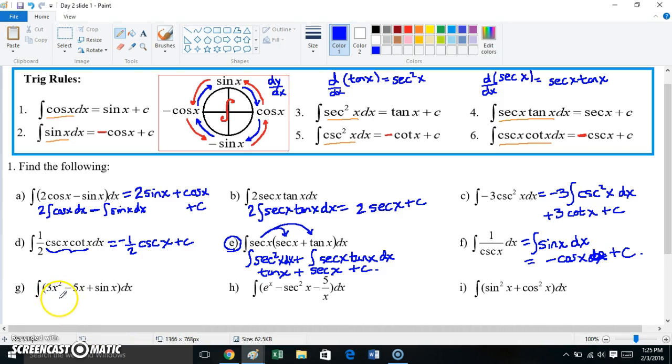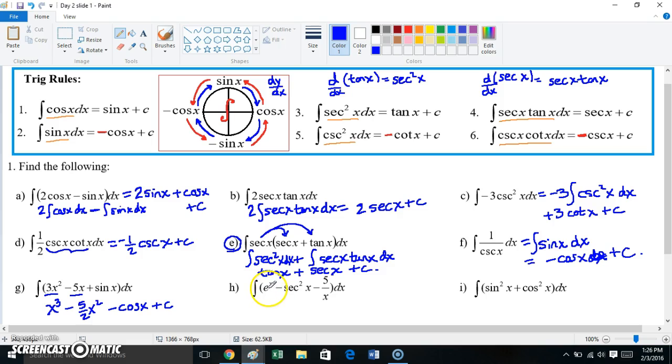The integral of 3x squared minus 5x plus sine of x. The first two terms of the integrand just require the anti-power rule. So we're going to get x cubed minus 5/2 x squared minus cosine of x plus c.